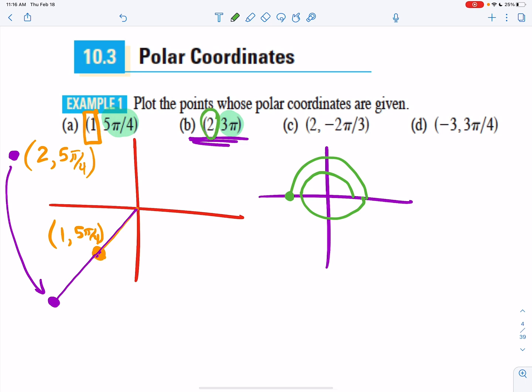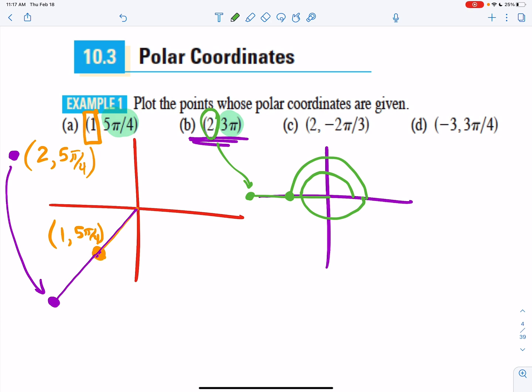And since it's a positive 2, you're going to go out 2 units. So this right here is 2 comma 3 pi. All right? You're just understanding how this works, all right? But later on, you're not going to be expected to know how to graph it by hand, but it's good to know where it comes from, okay?